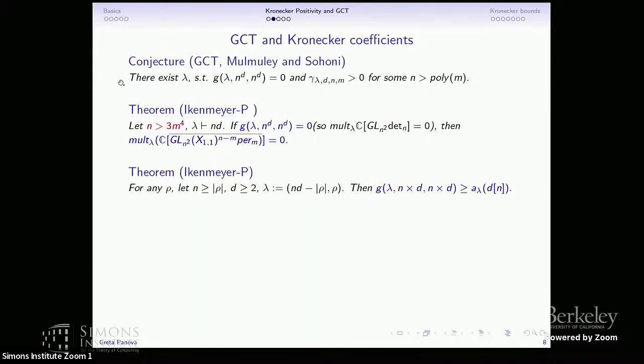This is basically what we first disproved, and this was purely using combinatorics of Kronecker coefficients to the extent we actually know it, because as I said, we don't really know that much about Kronecker coefficients to begin with. In the course of the study, we actually used complexity theory and geometric complexity theory.